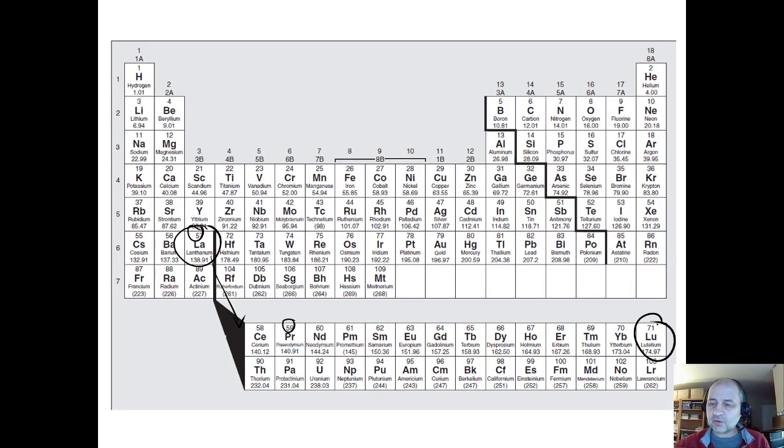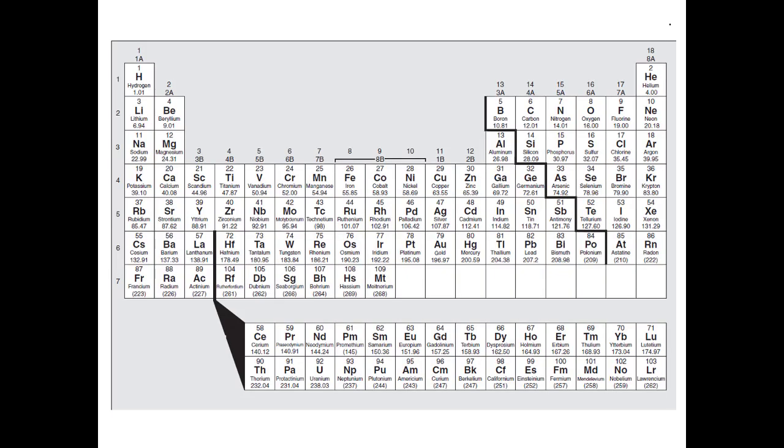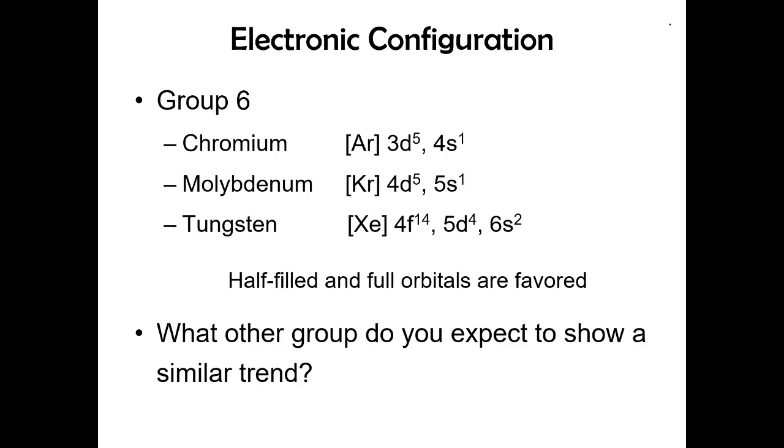When we go to lutetium, obviously we have to have that extra electron, so that's 14 plus 1, and so you see the 14 f as well as that 1 in the d, and it's correctly ordered. It's 4, 5, and then 6. All right, again, use the periodic table to do electronic configurations, s, p, d, and all those exceptions.